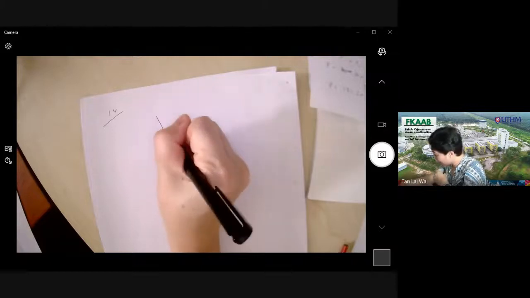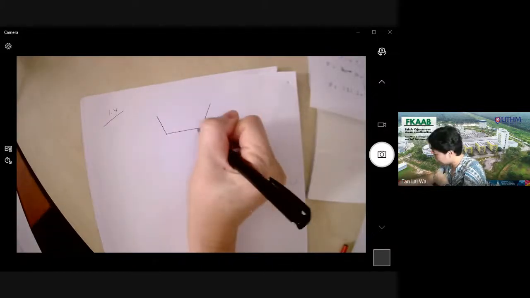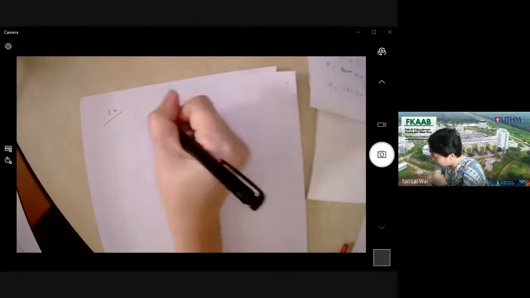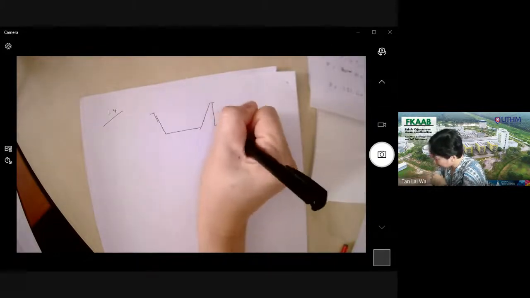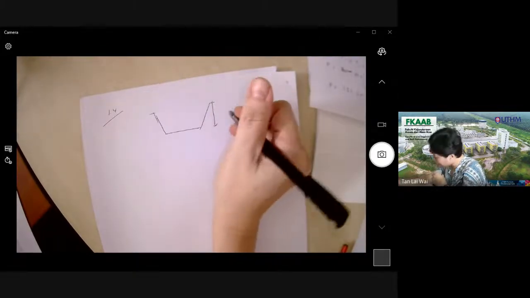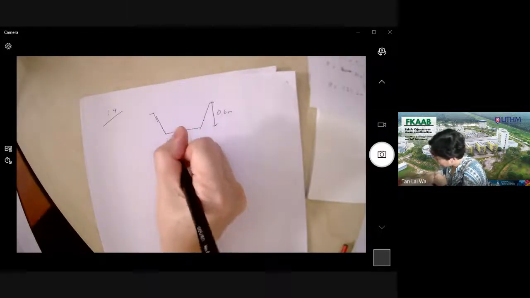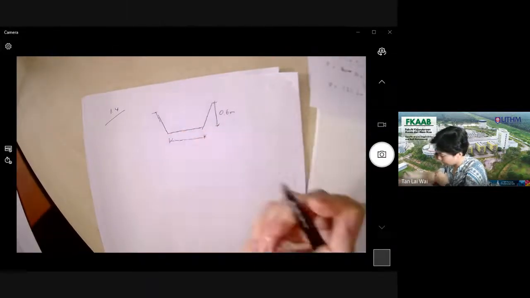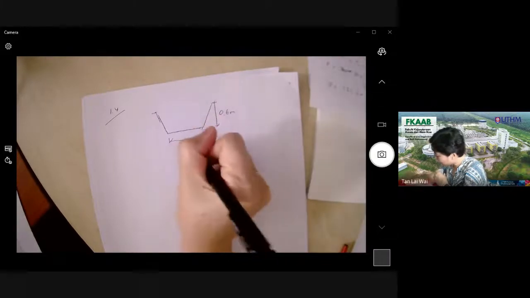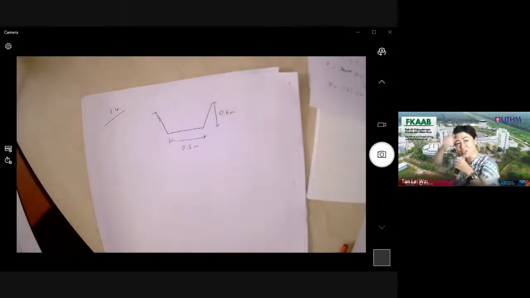So you will have, now this is the channel dimension. The channel dimension is 0.6 meter with bottom width 0.5 meter. I directly changed it into meter already. It's easier.